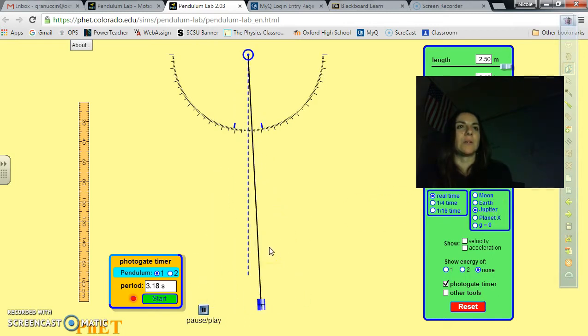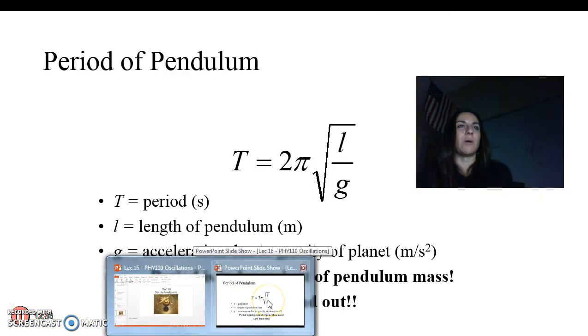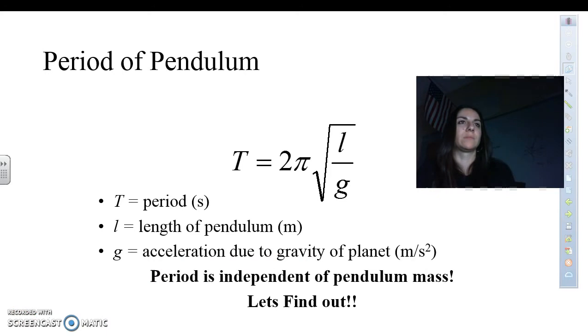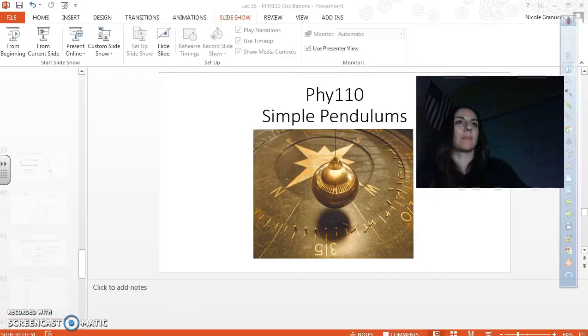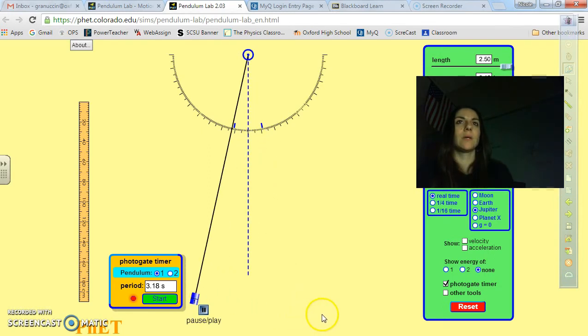That's because g is larger, because on Jupiter g is 27, so that makes the T smaller. So as you can see, it's quicker when we look at that. Oops, let's go back here. And then if you have no g, watch what happens.